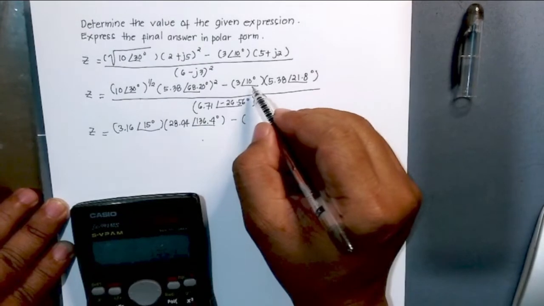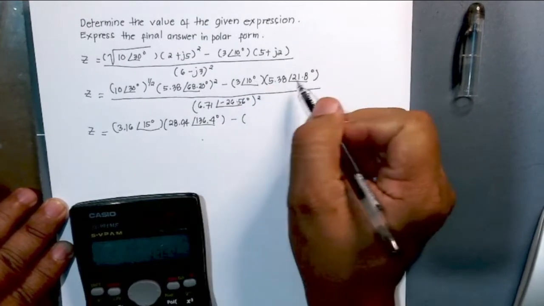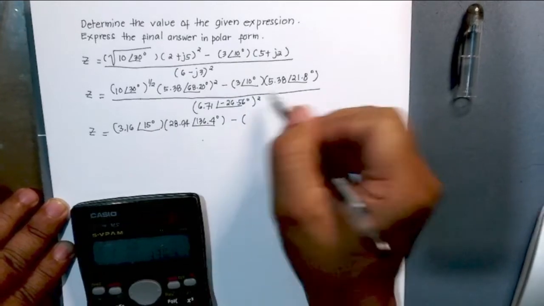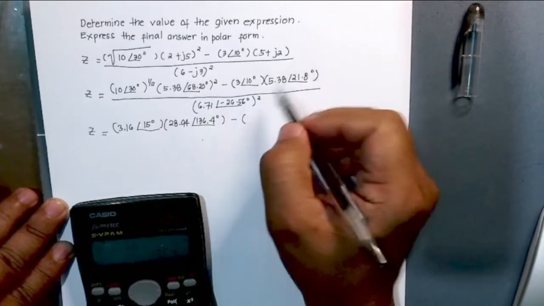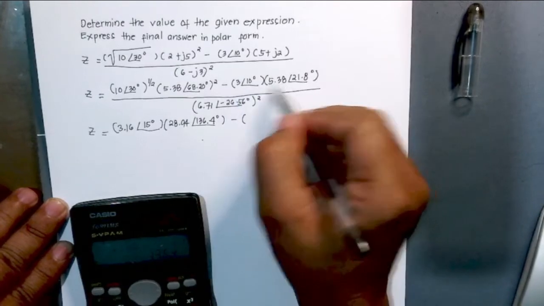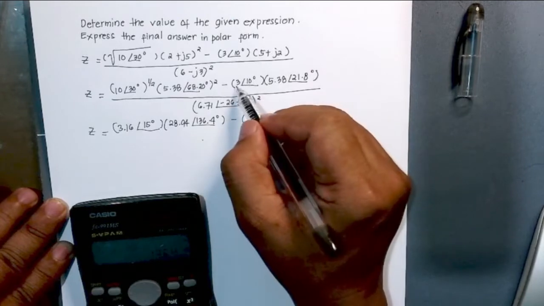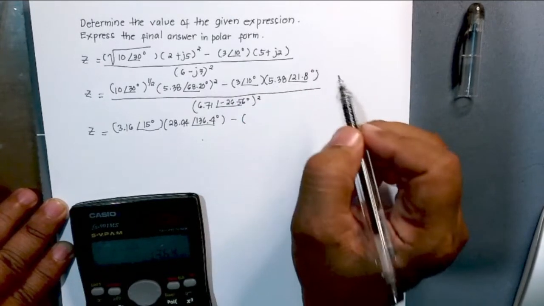Okay, so I'll just multiply these two terms, since they are in the same form, polar form, so we can right away apply multiplication. So we multiply the outside numbers, that is 3 and 5.38.